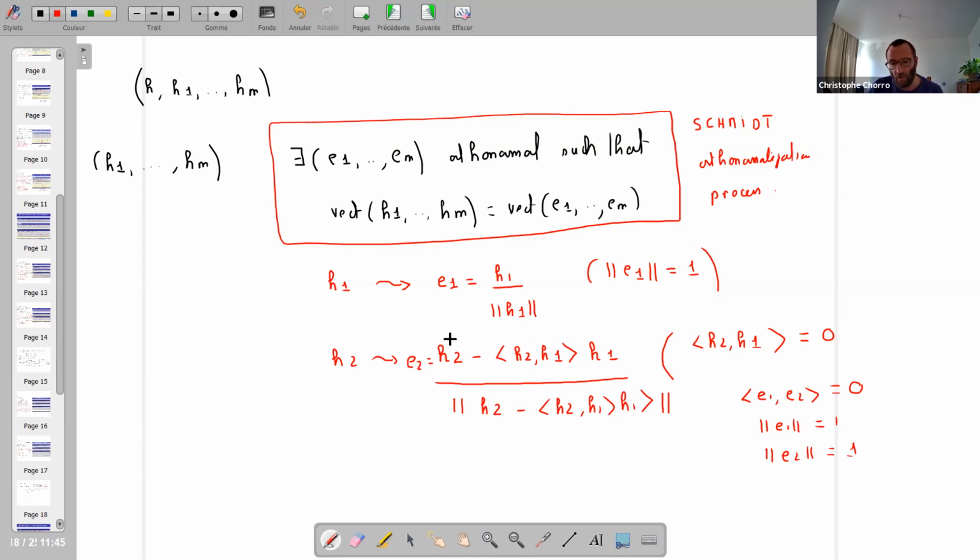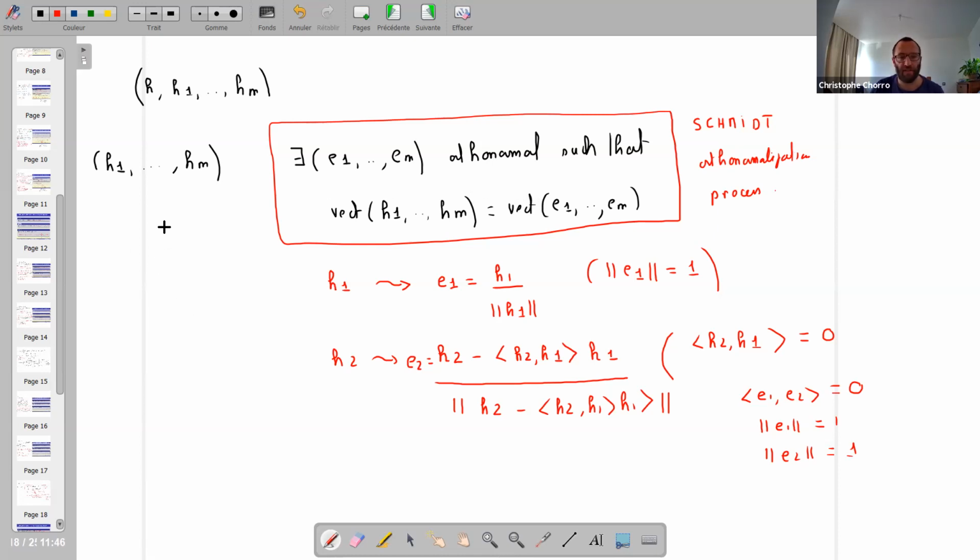And you see that all the transforms I use here are linear transforms, explaining that the vector space generated by H1 to Hn will be exactly the vector space generated by E1 to En, because in order to transform H1 to Hn into E1 to En, I just use linear transformations. So by the Schmidt orthonormalization process, it's easy to transform an arbitrary family into an orthonormal one having this property.